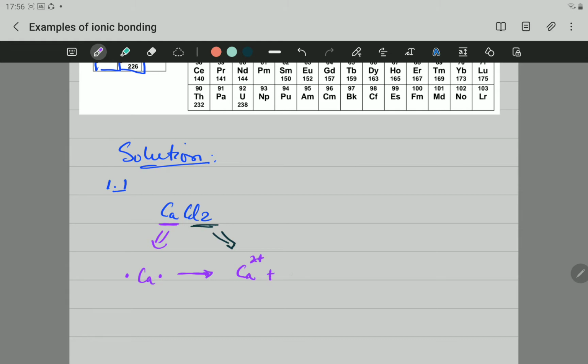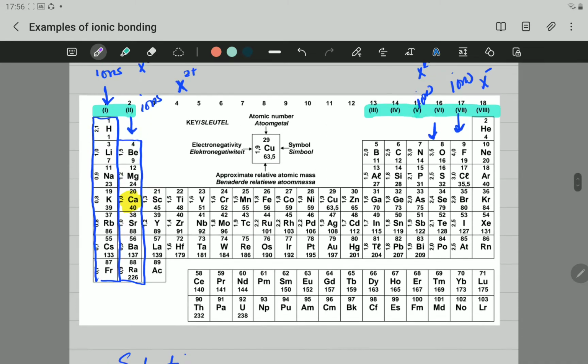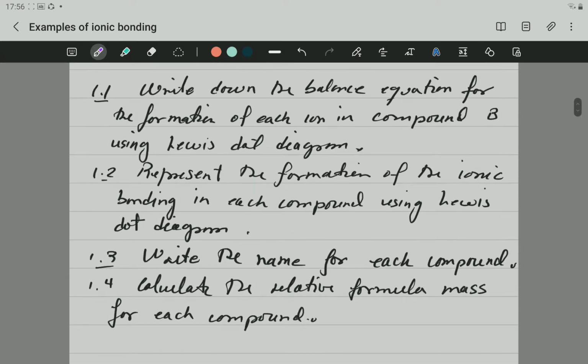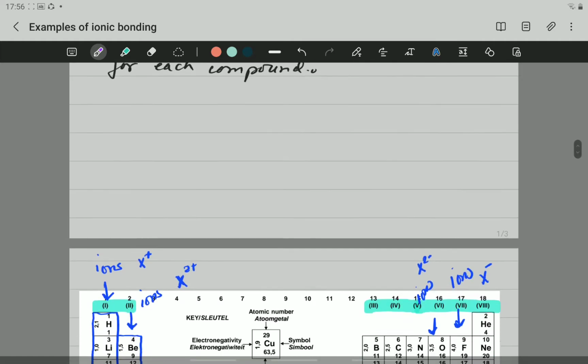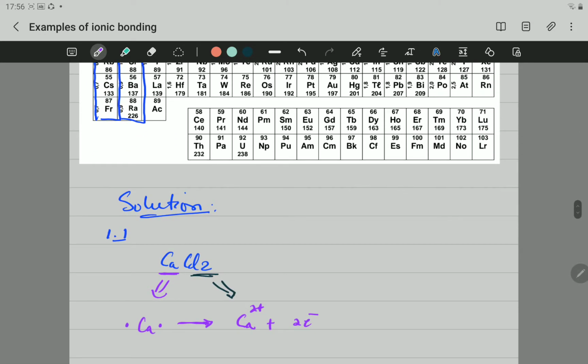This is the first ion in compound B, and here is how the ion is formed. Note, this is the ion.